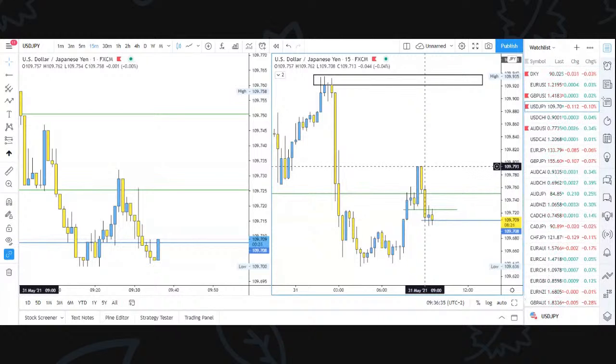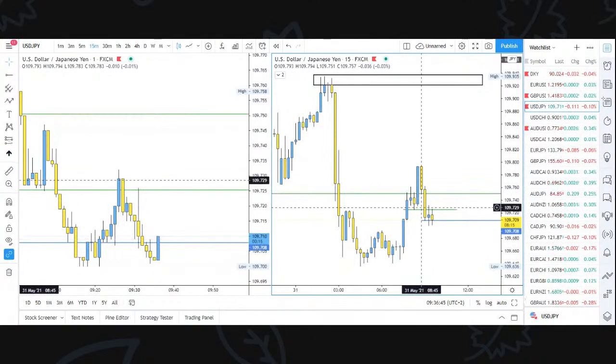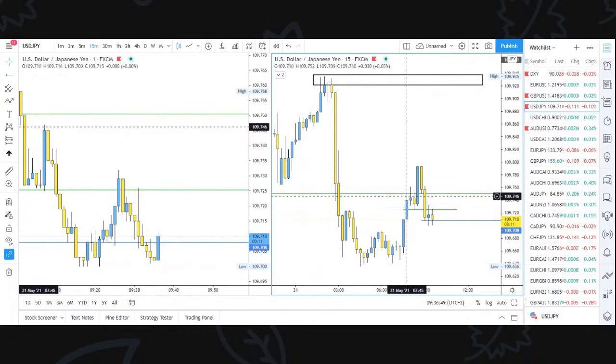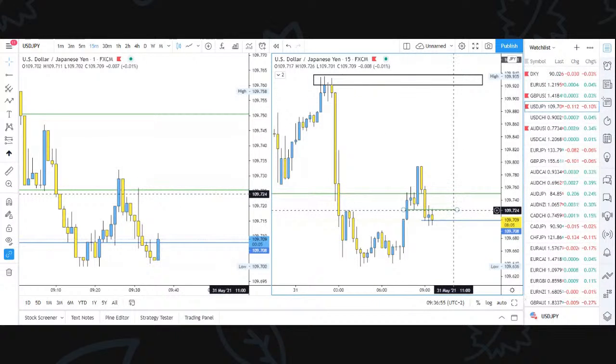And then after that, we pushed down, we made a higher, but then this low was lower than that low and lower than all of these lows. So without even having to go down to lower time frames, what that means is that we just made a new lower low. You know what I mean?